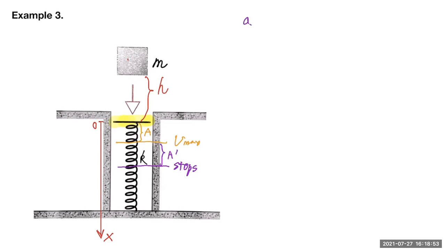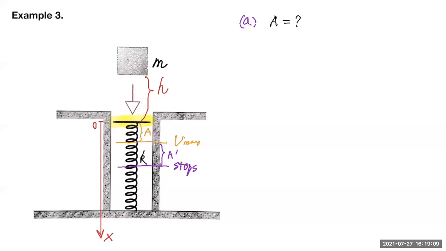Part A of the problem. Okay, I want to know what A equals. What's A again? A is how far the block has to go downwards, how far it has to compress the spring, when it reaches the greatest speed.